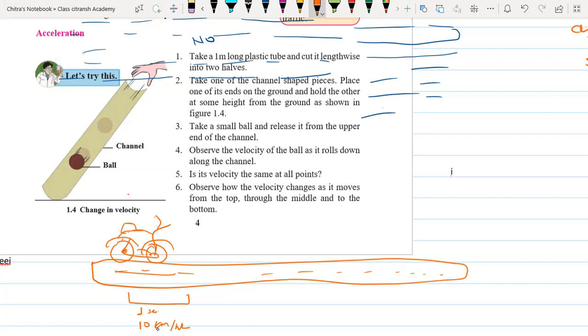When he starts motion with the bicycle, its initial velocity is 10 kilometer per hour.